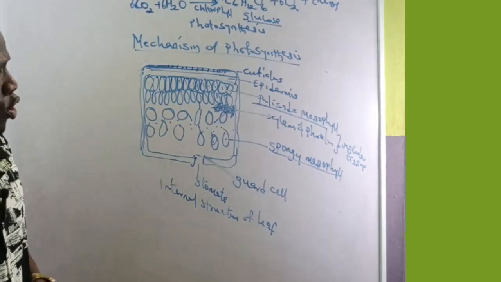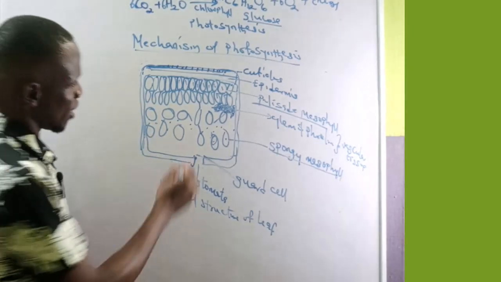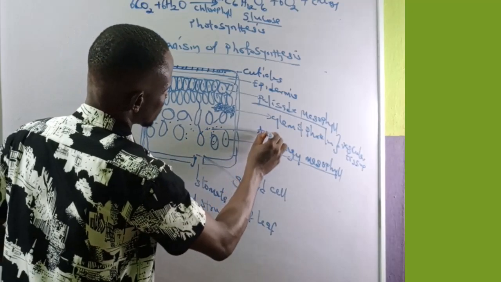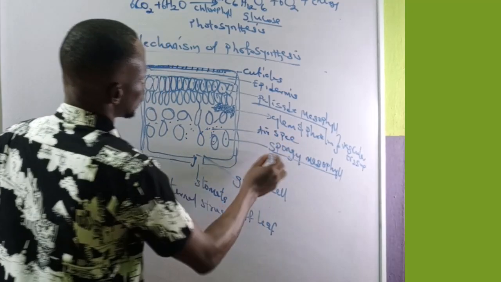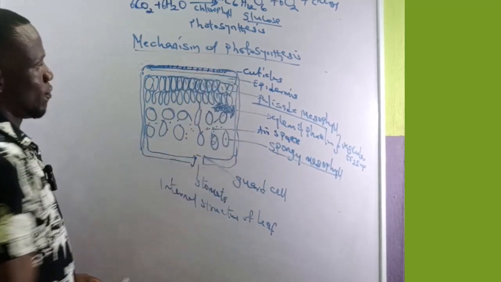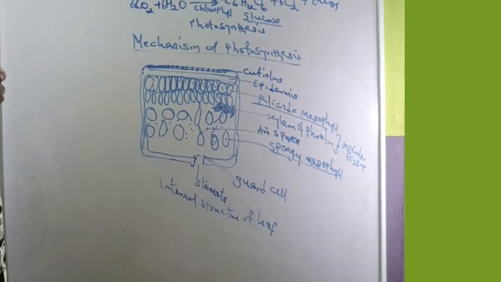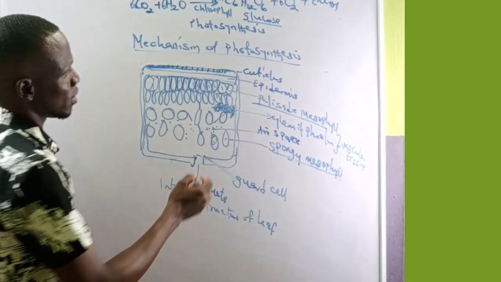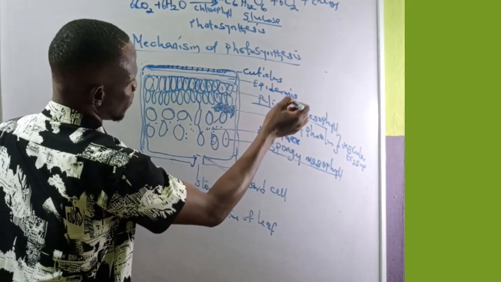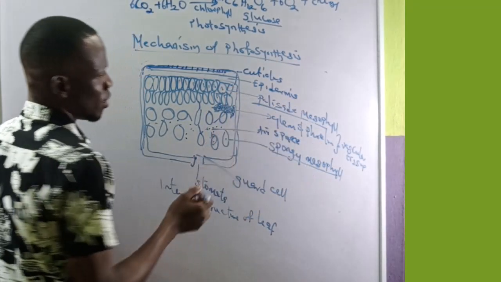So this is the structure of the leaf of a plant, with the air space, and photosynthesis takes place in the mesophyll cells, both the palisade and spongy mesophyll.